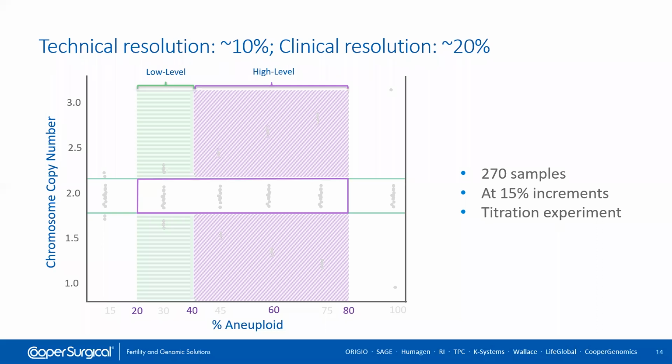Now, in terms of reporting, what that means is you have a technical resolution. So this is in a theoretical platform with tightly controlled conditions. The technology is capable of detecting a resolution to even down to 10% mosaicism. In reality, PGDIS guidelines state that you should biopsy between 5 and 7 cells.